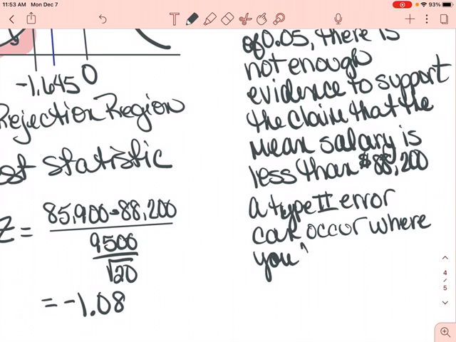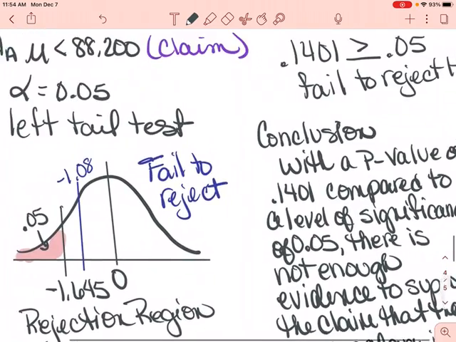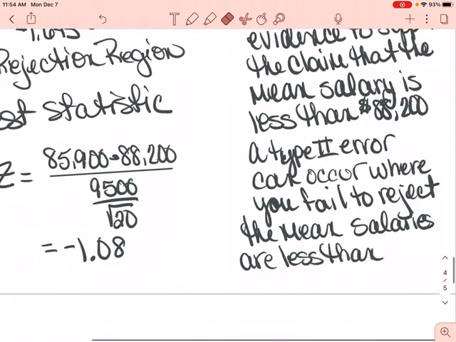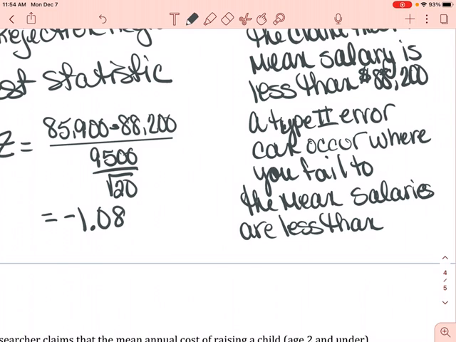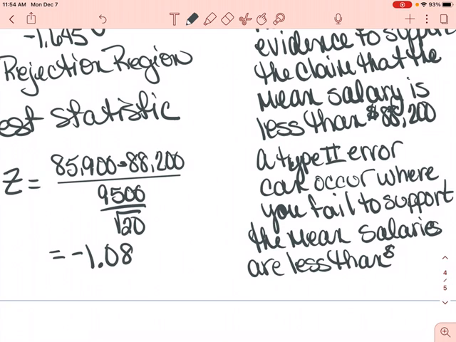You failed to reject, fail to accept, sorry, not reject, accept, or support, that the mean salaries are less than $88,200, but H sub A was actually true.